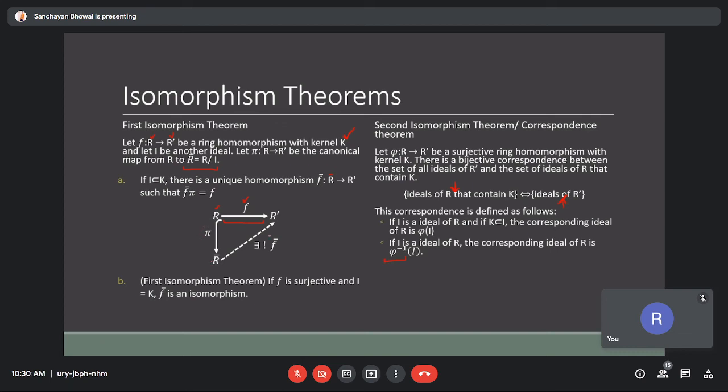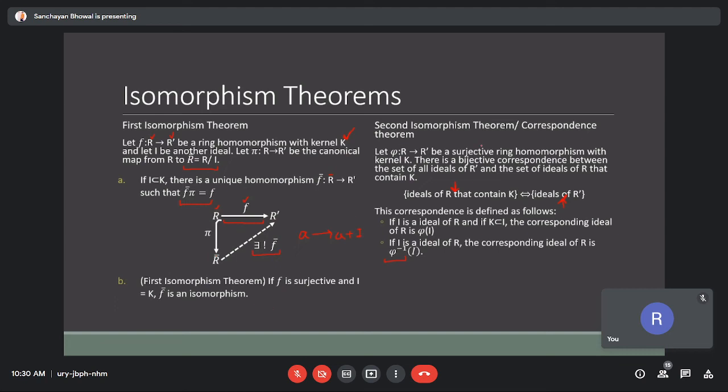This means that, let's say A is an element in R, I go from A to A plus I. This is the pi homomorphism, and this theorem says that there exists a unique F bar, defined such that F bar of pi is the same as F. Moreover, the first isomorphism theorem says that if F is surjective and I is equal to K, then this map is an isomorphism. That is, R bar is isomorphic to R dash.